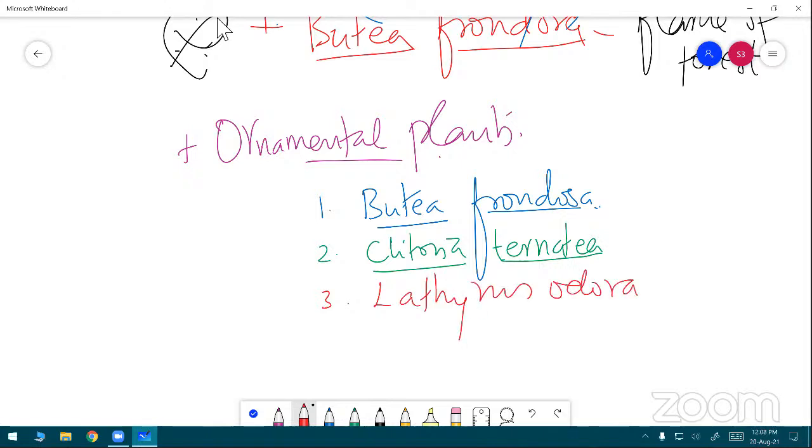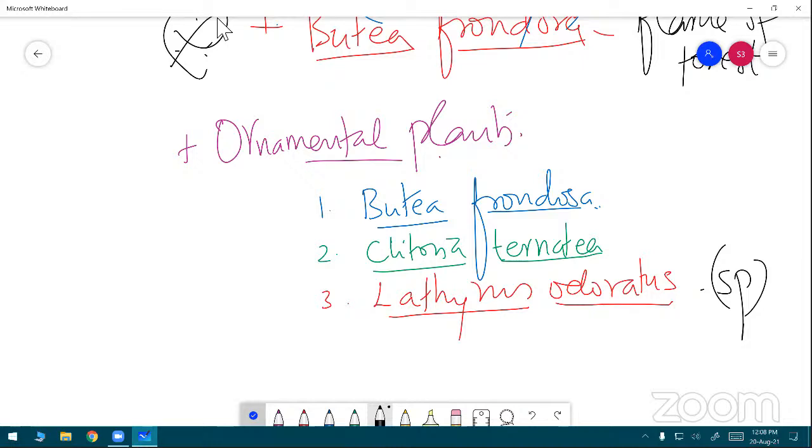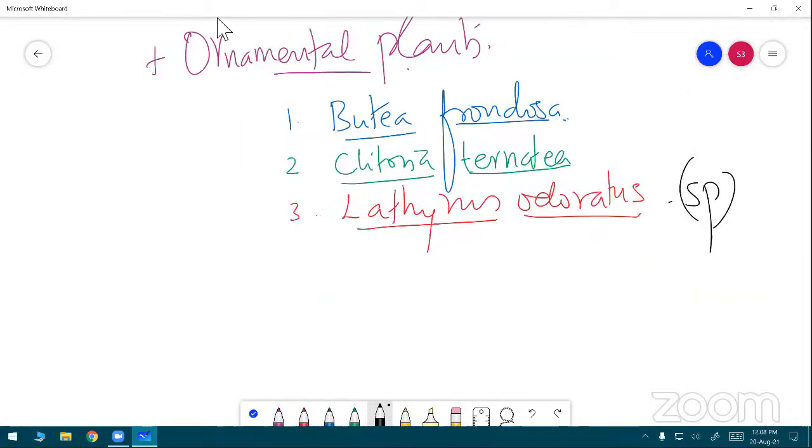It is the binomial of sweet pea. Please understand, sweet pea. The next one, the last of the ornamental plants, is Lupinus hirsutus.